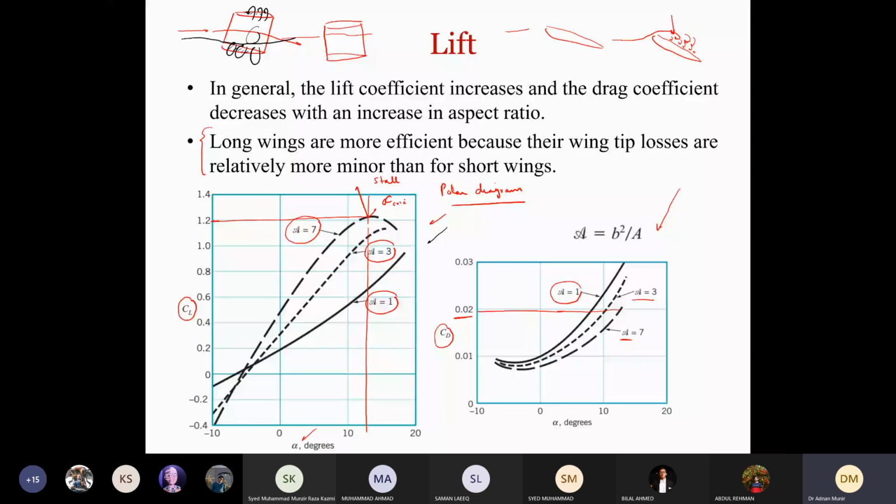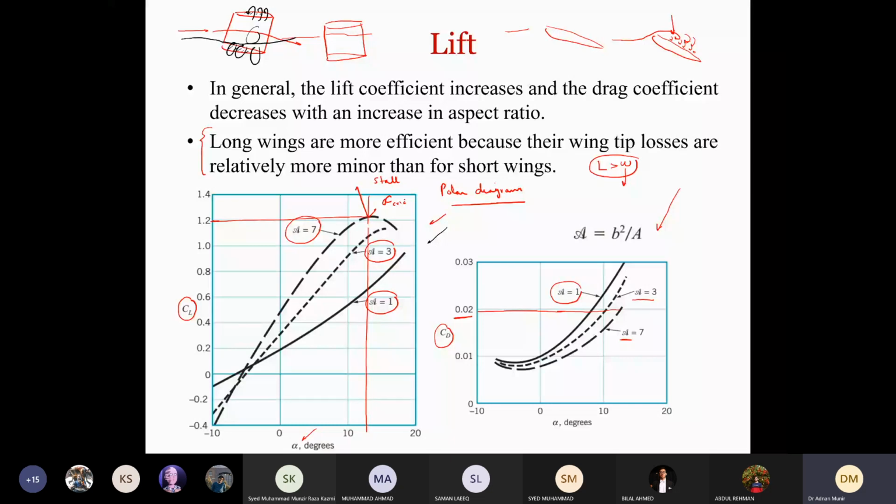And overall, if you look at an aircraft, the lift force in case of an aircraft should be such that it should be able to lift the weight of the aircraft. So that means it should be greater than the weight of the aircraft, right? And when we talk about a commercial aircraft, in addition to the weight of the aircraft itself, it is also carrying around 400, 500 passengers inside, right?